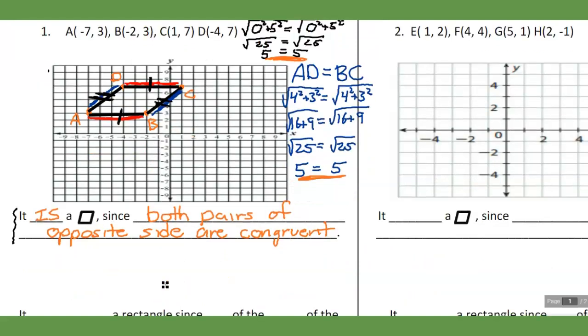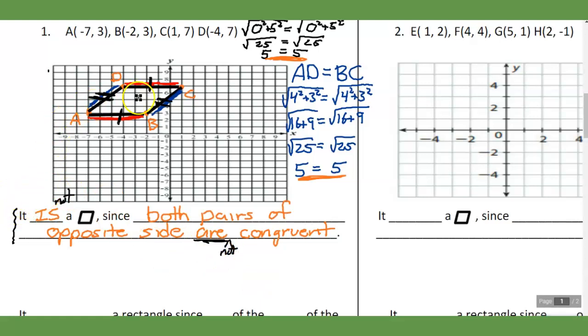So please practice. It's going to be the same thing. Either it is or it is not. You can say it is because both pairs of opposite sides are congruent, or you could say it is not because both pairs of opposite sides are not congruent. So if you use the word not here, you just insert the word not here. Right, and those are your two options.